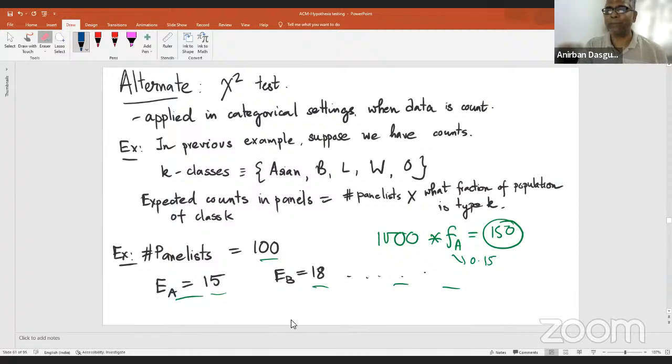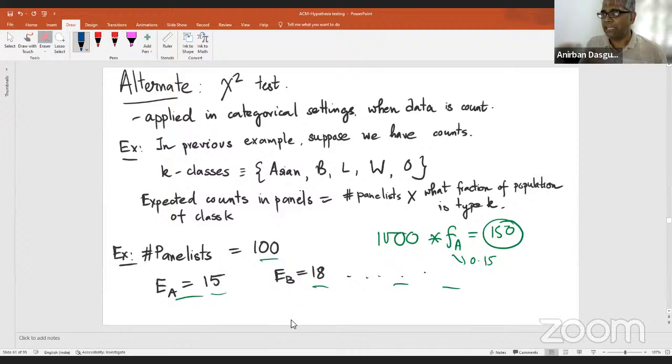Okay, so now here we're doing a different test. The same setup, but a different test. In my data, I'm not normalizing by the size of the panel. From the H0, I can get the expected count in each panel.